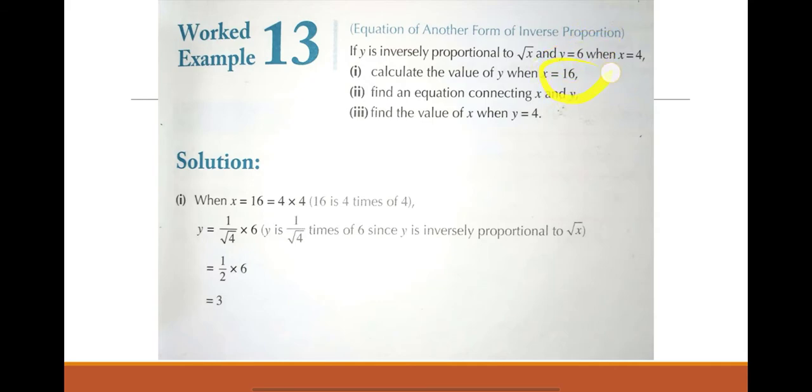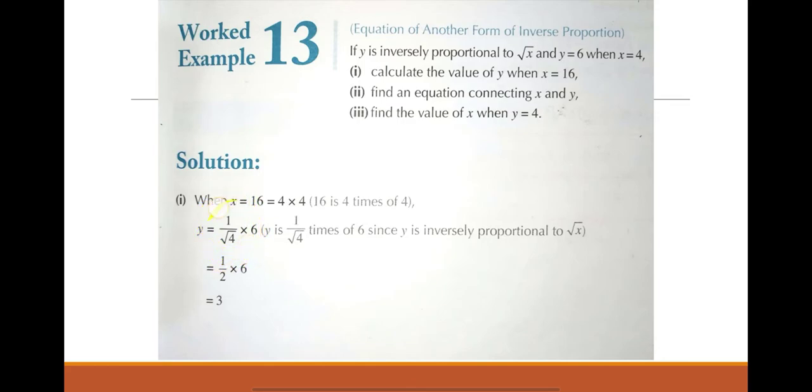So when x is 16, here we find the ratio of the x given to the x asked. So the ratio of the x, let's call this x1 and x2, is 4 over 16, which we can simplify to 1 over 4.